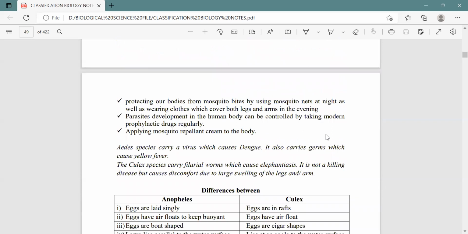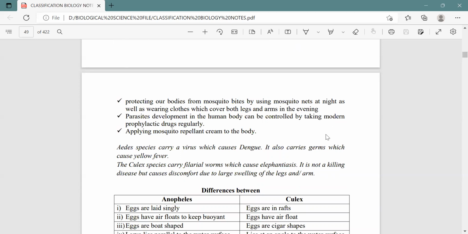Protect your body from being bitten by mosquitoes throughout the day. You can control the parasite development in your body by taking appropriate drugs, following the correct prescriptions given by the health workers.